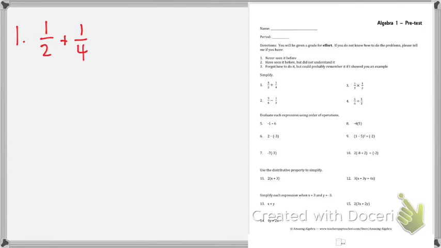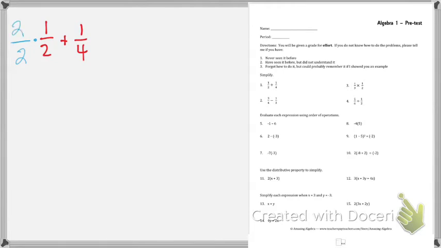So, is there a number that I can multiply with 2 to get 4? Think in your head. Yes, we can multiply by 2, right? So I'm going to multiply this whole left side by 2. But once I do it on the bottom, the rule is I also have to do it on the top, right?